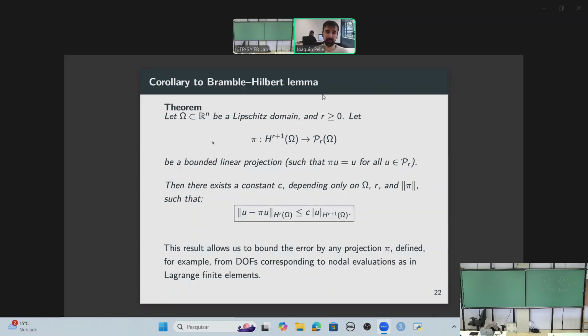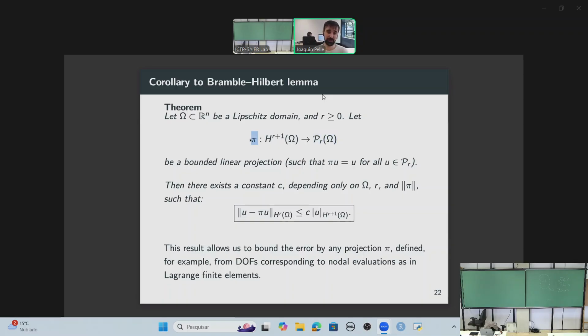So let me just recap what this result was saying. This U here is going to be the solution to the problem that we're trying to solve. We are going to have a certain polynomial space on a domain where we are going to interpret this domain omega as each triangle of our mesh. And this polynomial space is going to be essentially the polynomial functions that constitute our finite element space, right?